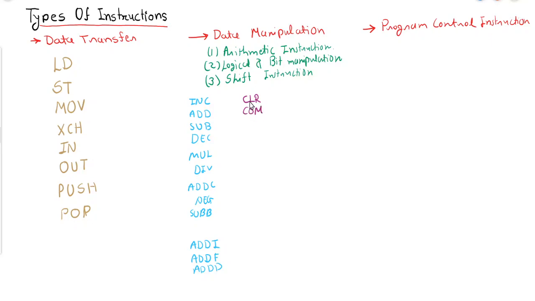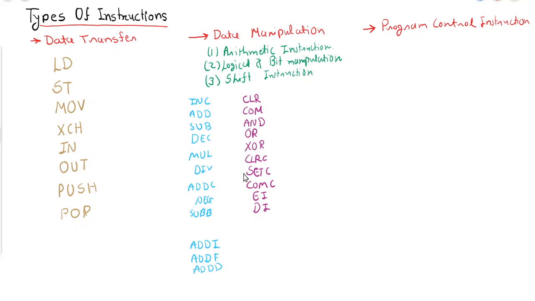First one is clear, next is complement, then AND, next is OR, next is XOR, then clear carry, set carry, then complement carry, then enable interrupt and disable interrupt.